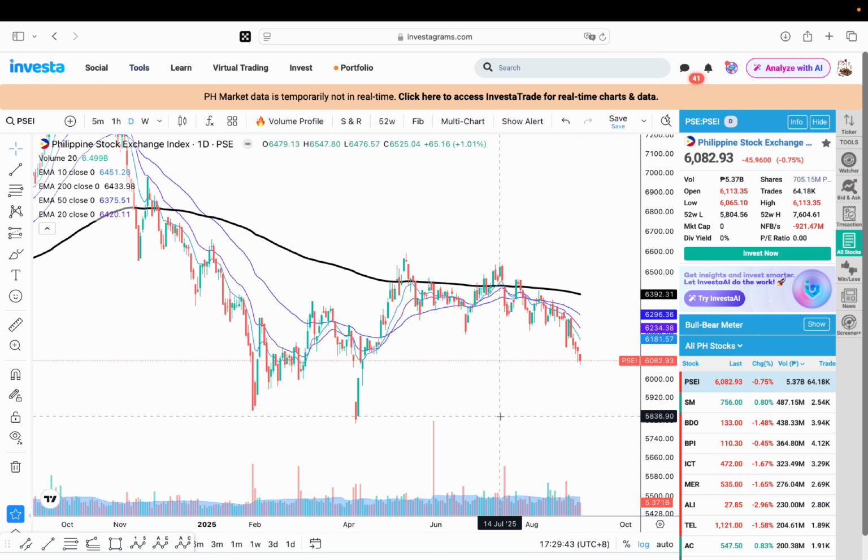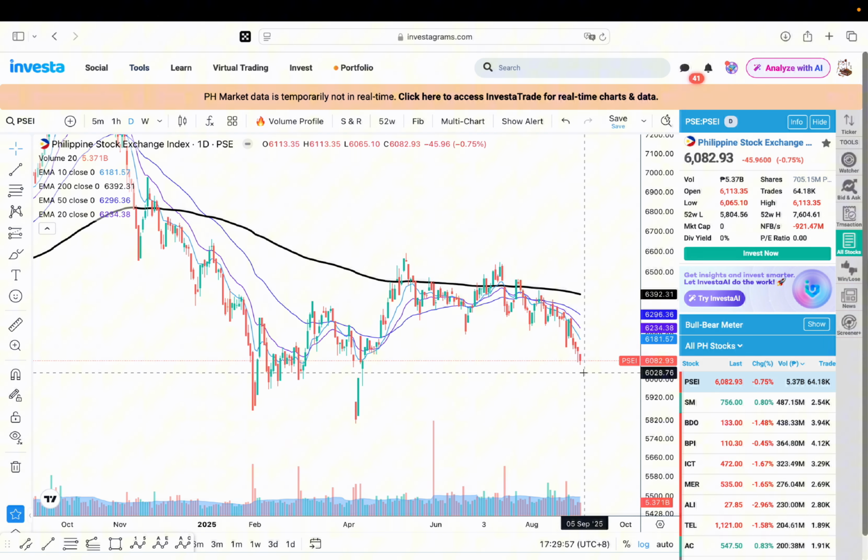However, as we can see here in the chart of the PSEI, which is basically the index for the top 30 companies here in the Philippines, the price is in a downtrend since it's trading below all of the moving averages, which means that people who bought in the past 10, 20, 50, and 200 days are losing money right now.